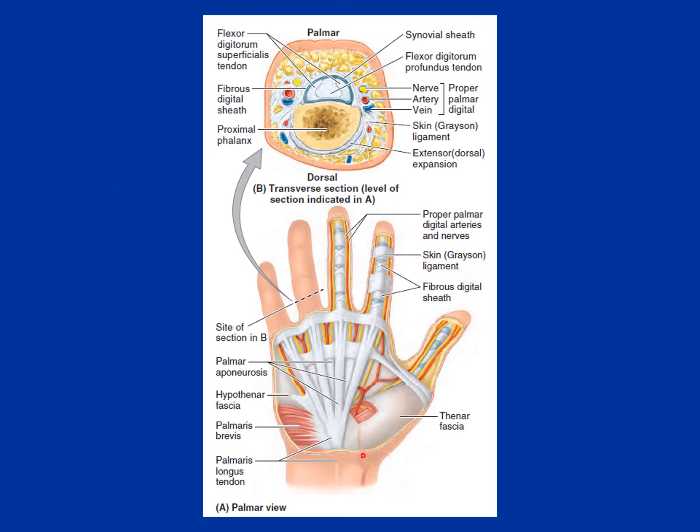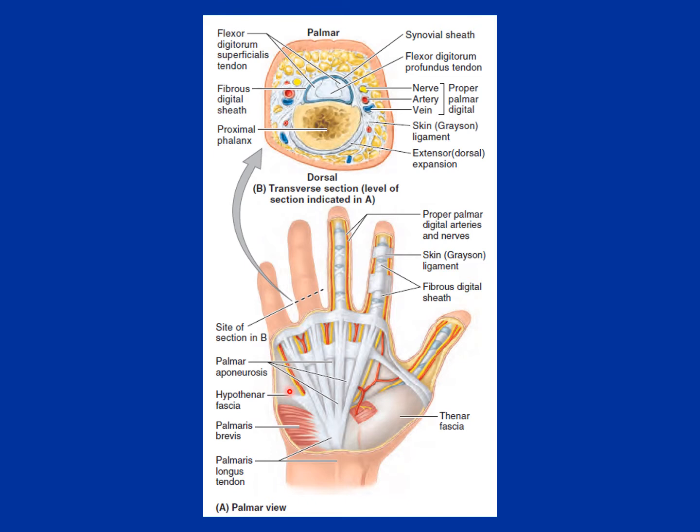Here we can see also the bands of palmar aponeurosis, thenar fascia and hypothenar fascia. So the muscles of this area are known as thenar muscles and the muscles of this area are known as hypothenar muscles.